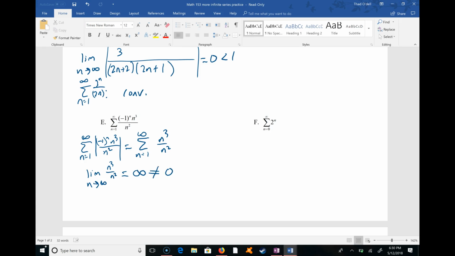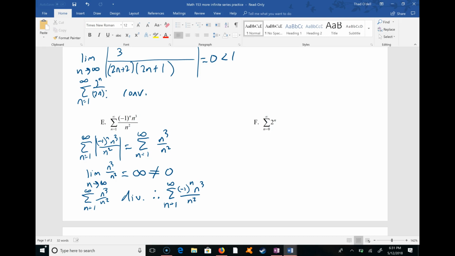Therefore, this series diverges, which means, therefore, my original series, n running from 1 to infinity of negative 1 to the n times n cubed over n squared.